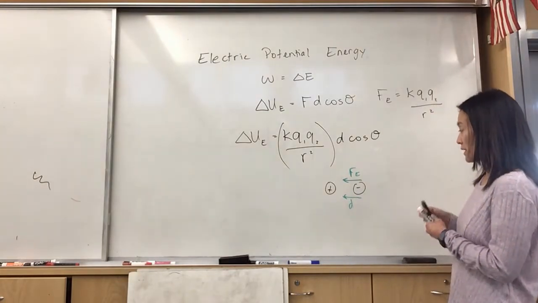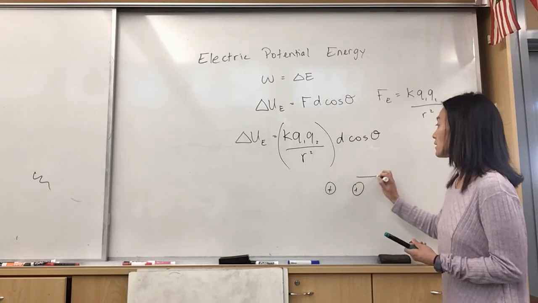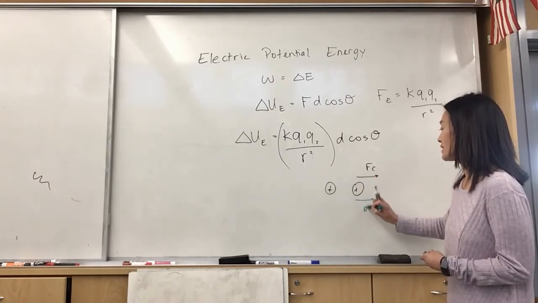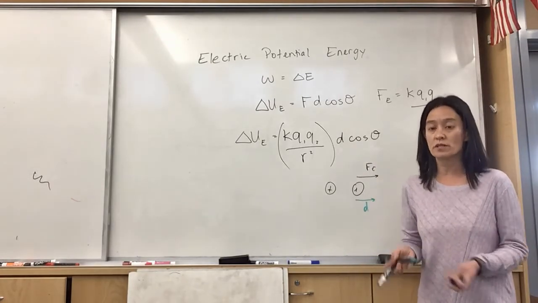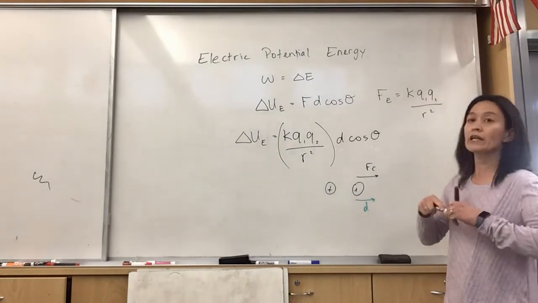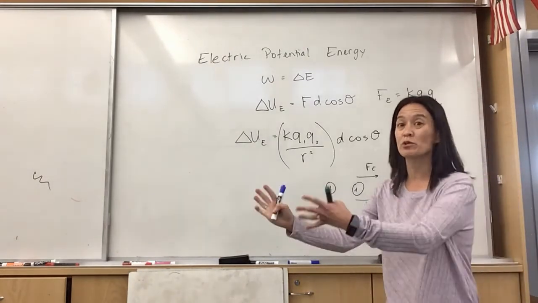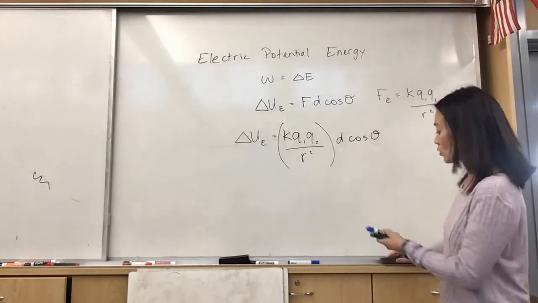Let's say, on the other hand, that I've got two positive charges. The electrostatic force would be in this direction, my distance would be in this direction, and again the angle between the electrostatic force and the distance is 0. So the electrostatic force is going to cause the object to move in the same direction as that force, and this cosine theta term just becomes 1.